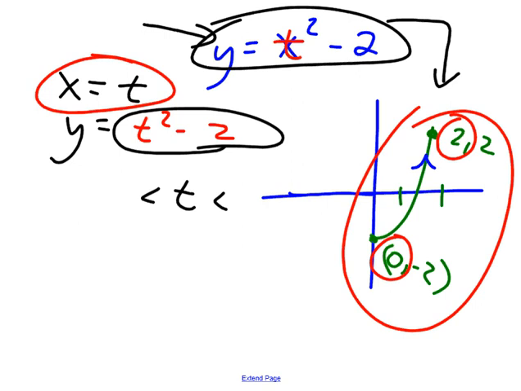And I need you to understand why you can. Why is it that simple? Because x equals t. And the old limit was between 0 and 2 when it came to x. So the new limit must be between 0 and 2, because x is t.